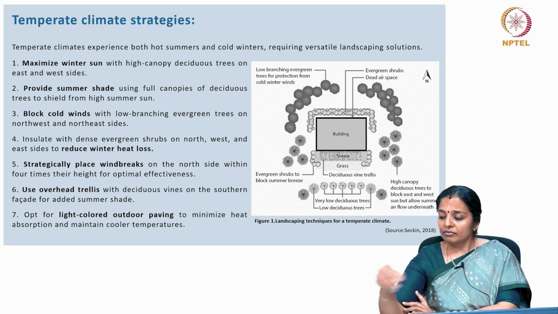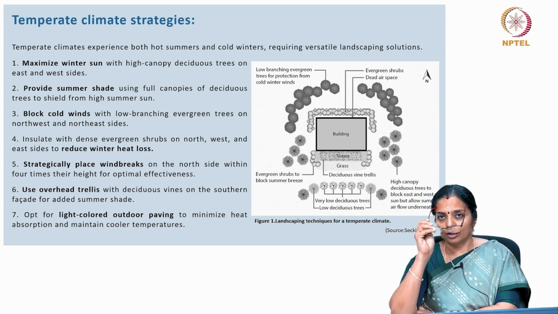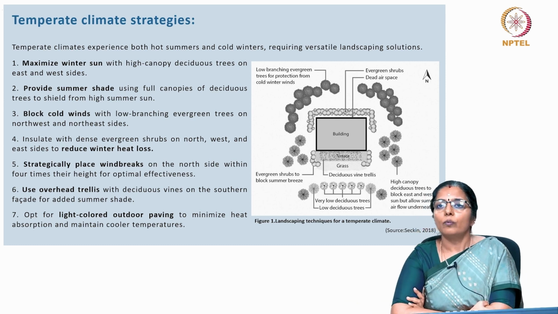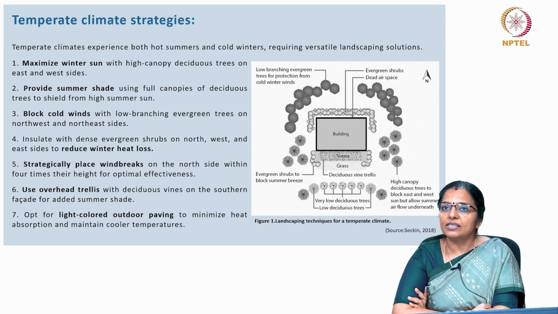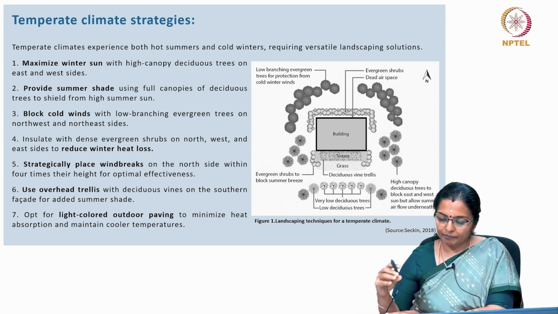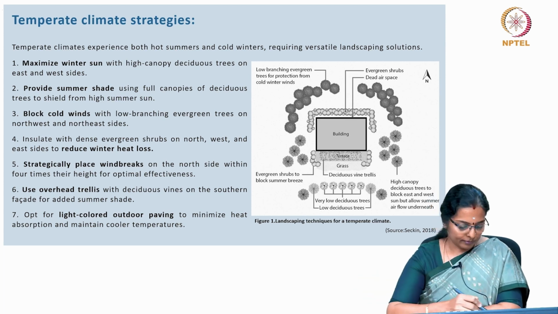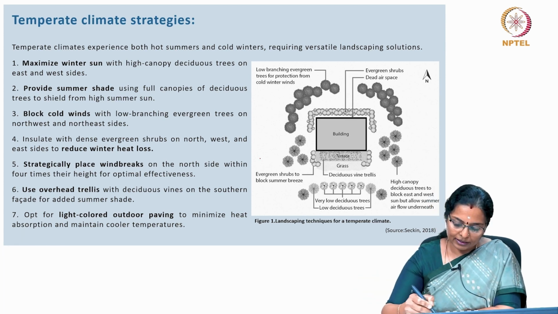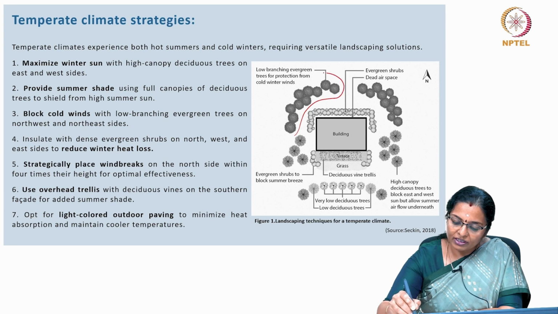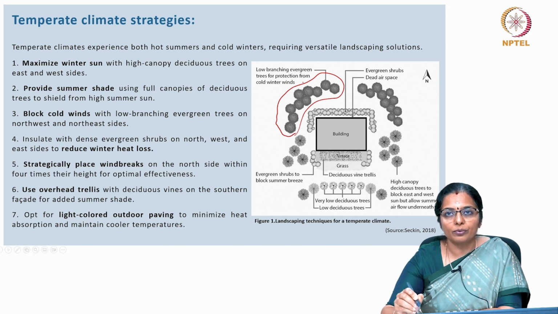So, these strategies would include maximizing winter sun with high canopy deciduous trees on the east and the west side. There is a need to have low branching evergreen trees to protect from cold winds.